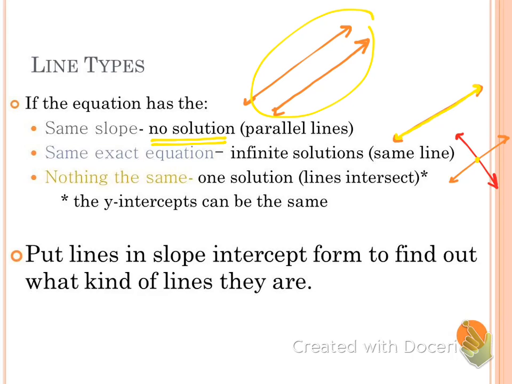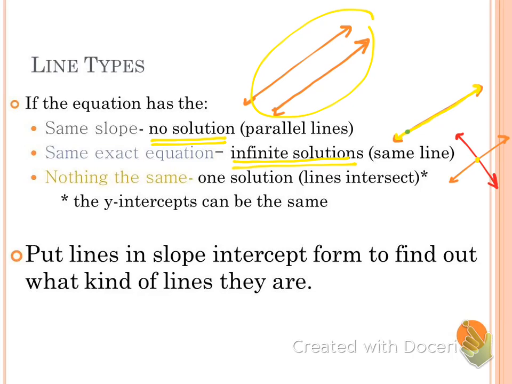We'll come back and go over these 3 things in just a second, but if they are parallel lines, which means they never touch, they will have no solution. If they turn out to be the exact same line, that means they have infinite solutions. Everywhere this line goes, it touches the other one.